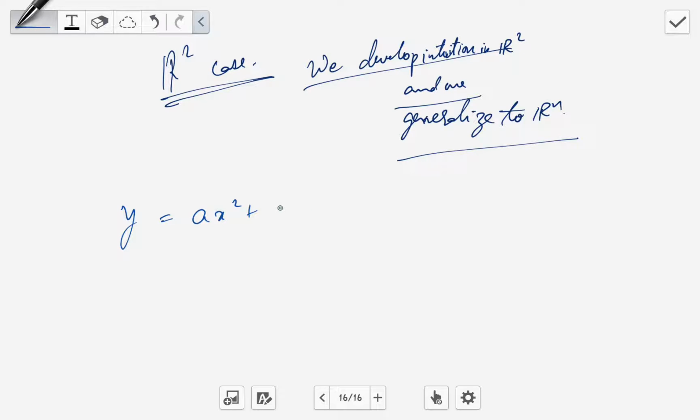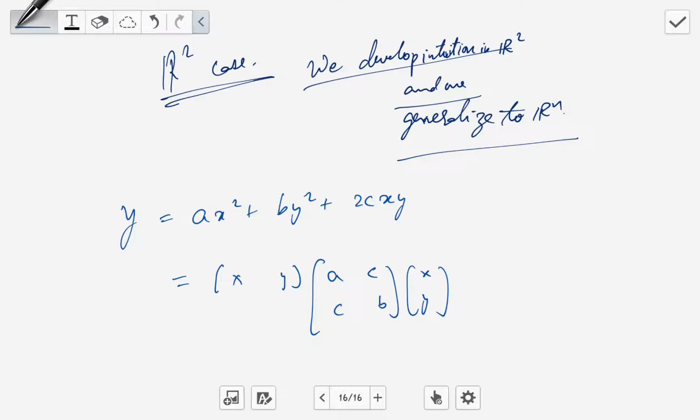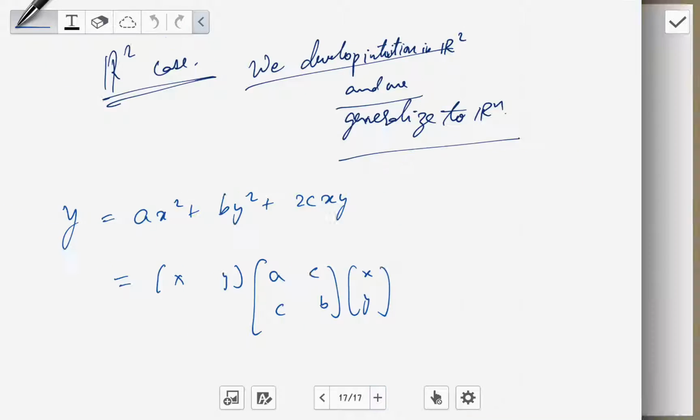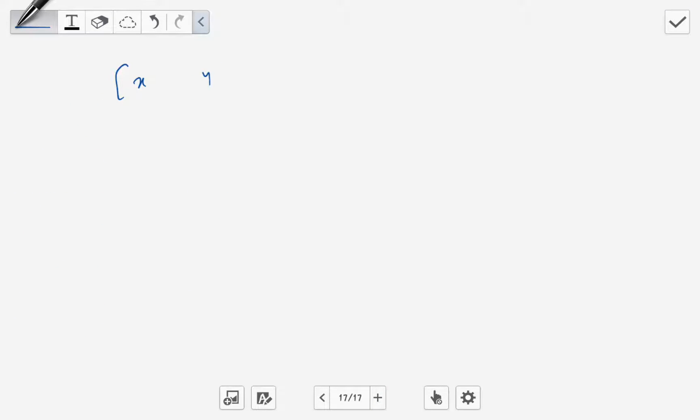plus b y squared plus 2cxy. Let us write it as 2cxy; you could also write just cxy, but I am writing 2cxy. If you want to write it in matrix form, it will be [x y] times the matrix [a c; c b] times [x y]. You can multiply this and check.